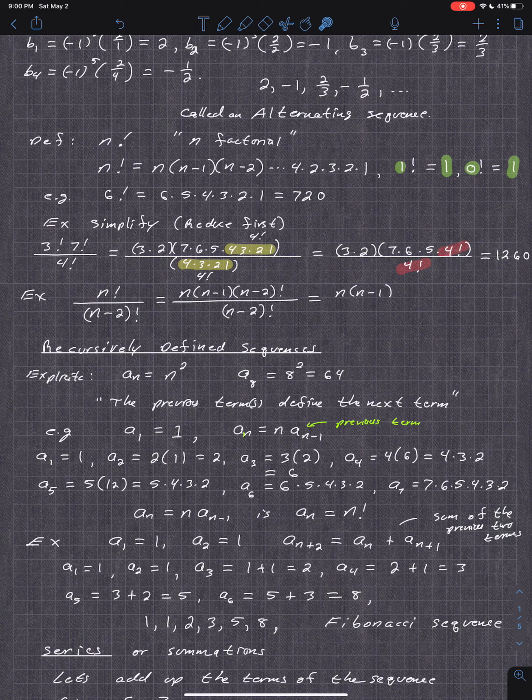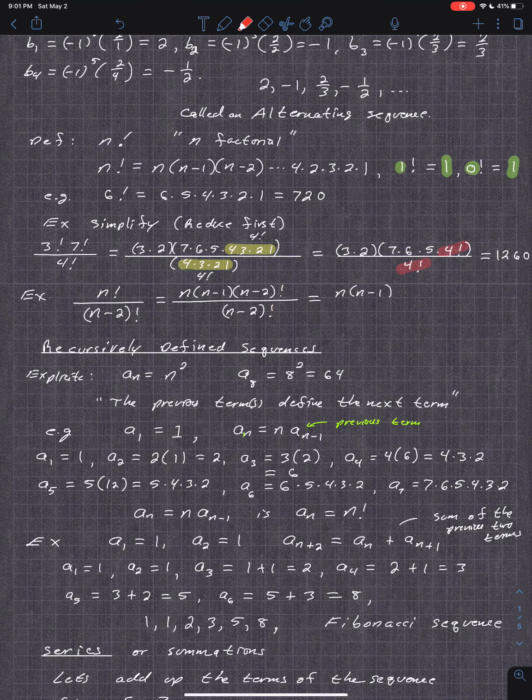Okay, if you have straight variables in there, so not just the numbers, that's when it gets a little more difficult and interesting. So n factorial divided by n minus 2 factorial. Basically, you write out n factorial, the definition. So remember the definition's right here. So it's n times n minus 1 times n minus 2 times n minus 3 times n minus 4, etc. Okay, but once you get down to n minus 2, you could just say factorial, and then it means it goes on forever.